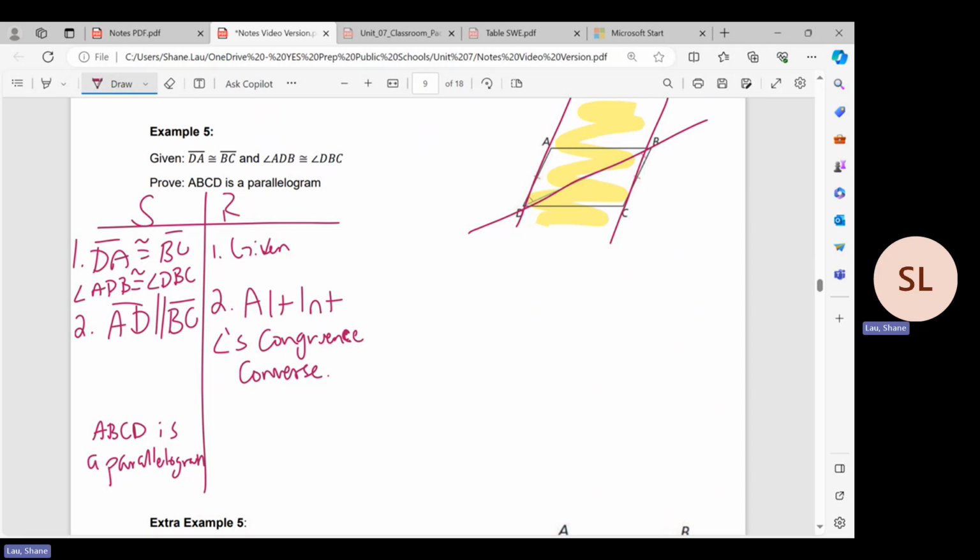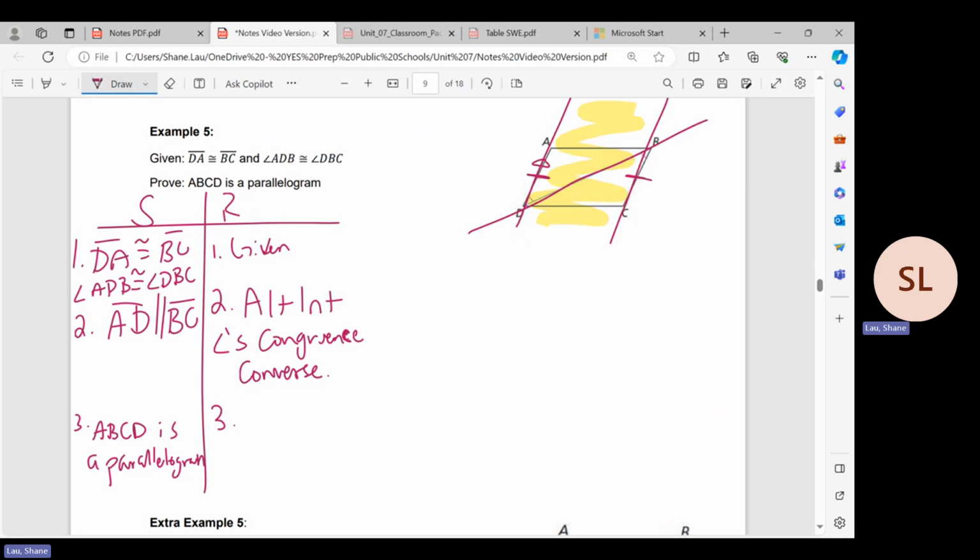Well, the good thing is that we're actually really close to being done with this proof. Because ABCD is a parallelogram, that's our step 3. Because, think about it, I know that I have a pair of congruent sides here, which is AD and BC. But what I've also just now done is said that AD and BC are parallel.